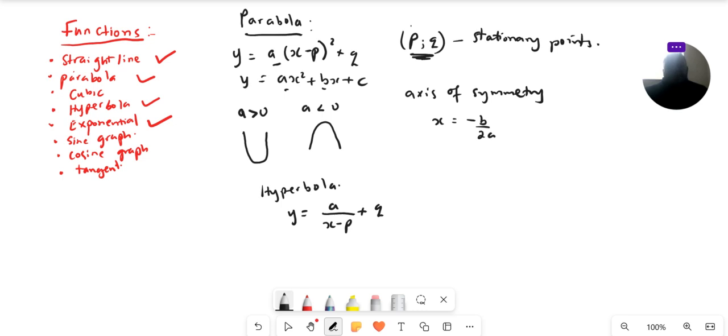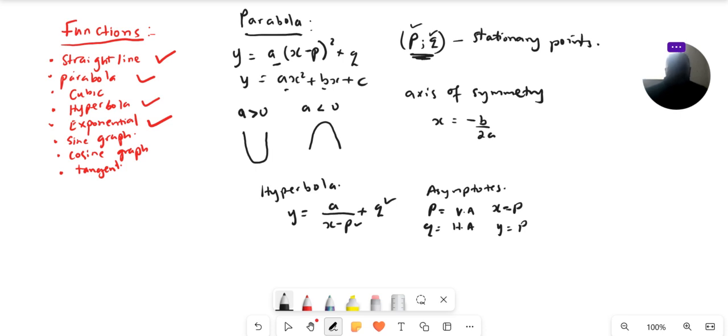Just like you saw that p and q are stationary points, here p and q are asymptotes. p is the vertical asymptote, meaning that it is the x value, whereby x is equal to p. Then q is the horizontal asymptote, whereby y is equal to q.